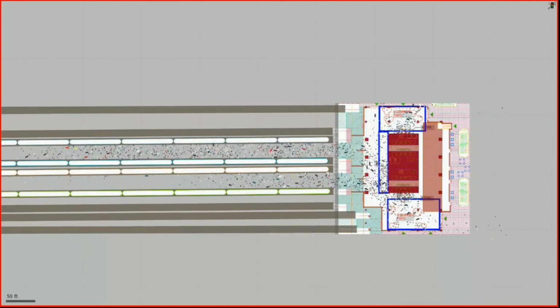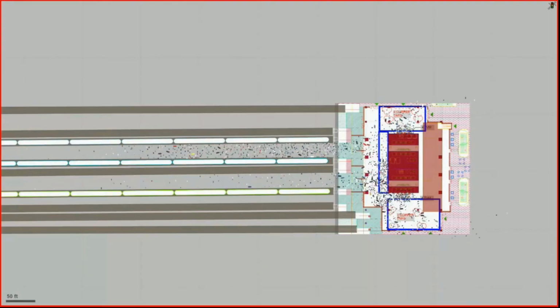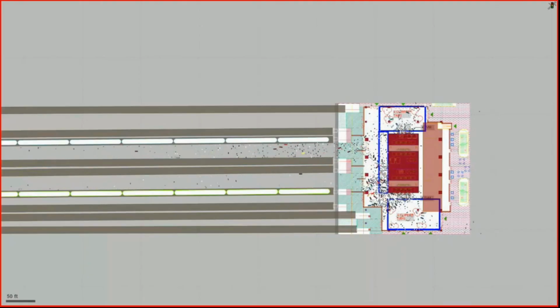So at this point, when we have all four trains on the platform, then we see a bit of the crowding start to really create a bottleneck. And also, especially all the cyclists did not help.